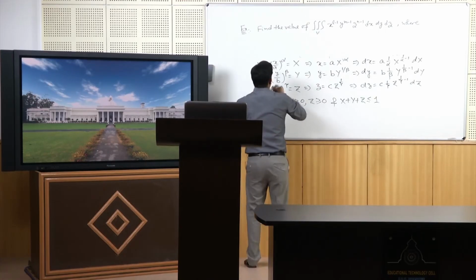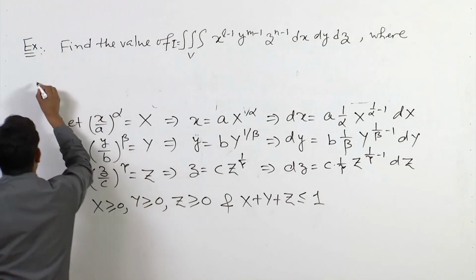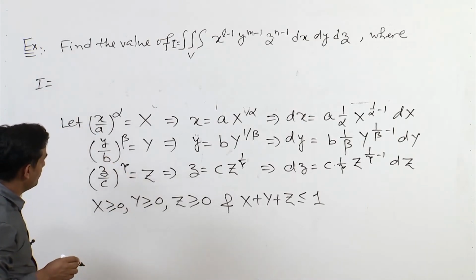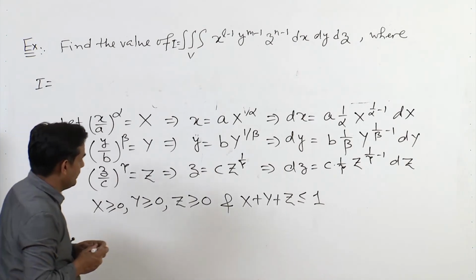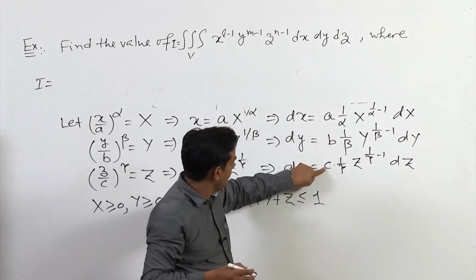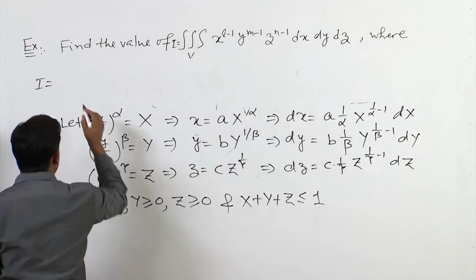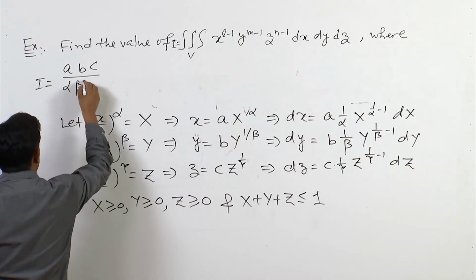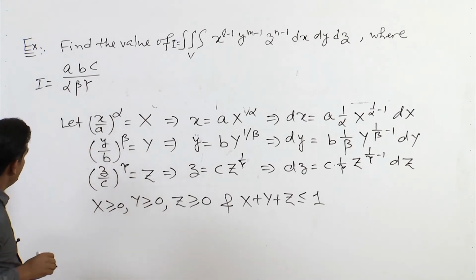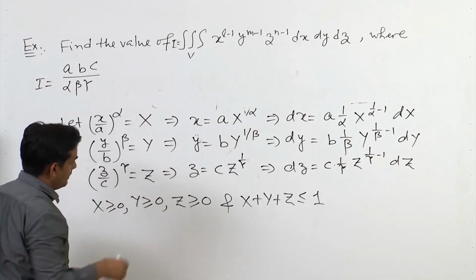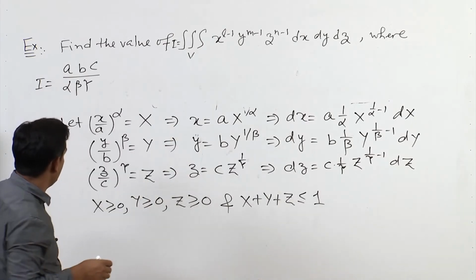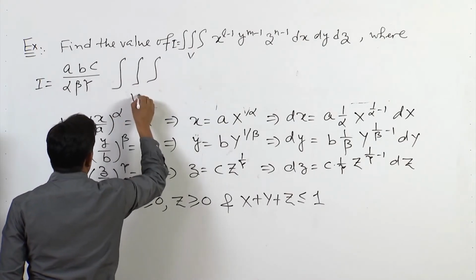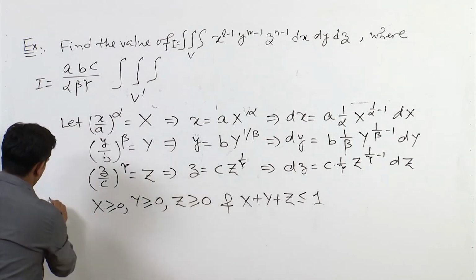Now let us assume this is my integral I. After making all these substitutions, you can notice here I equals abc upon alpha beta gamma, which I am getting from dx dy dz, integral over the new region V dash, which is given by this one.